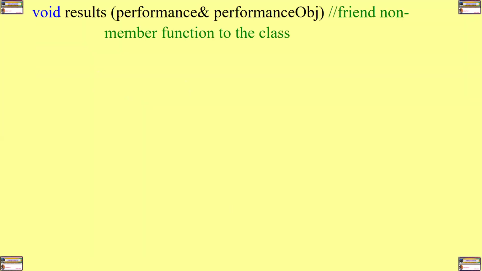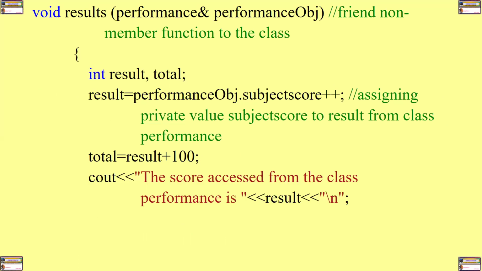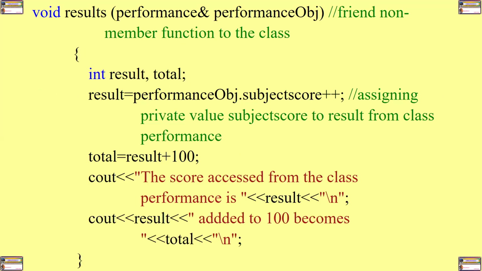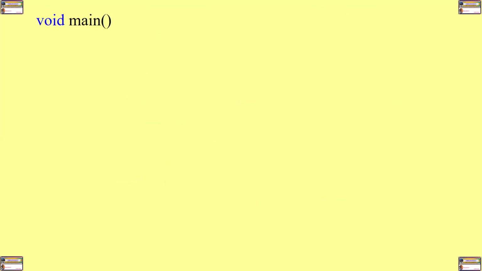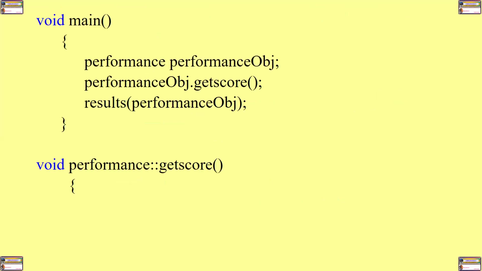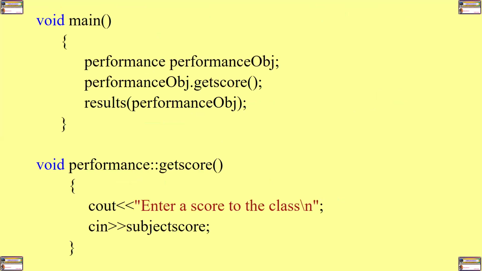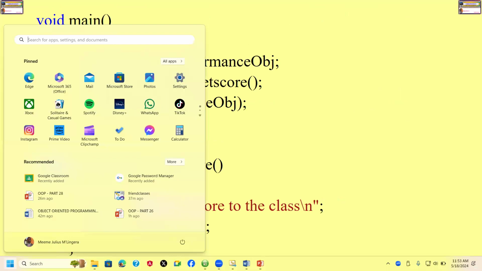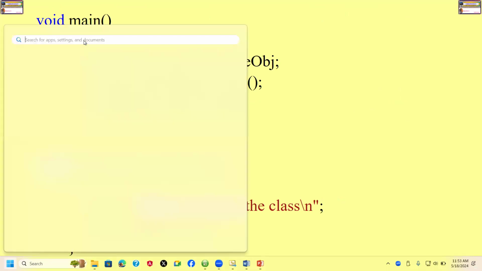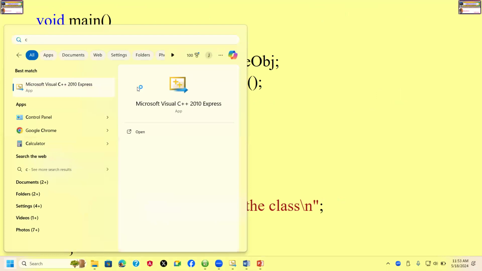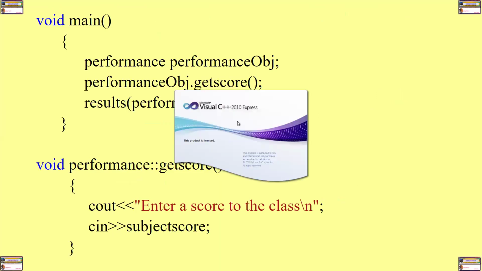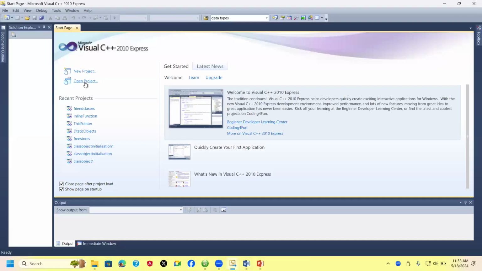So once you have copied this program, and you have checked and confirmed that the syntax is okay and everything is okay, then you launch your C++ program. So let me launch my C++ program, as you can see.